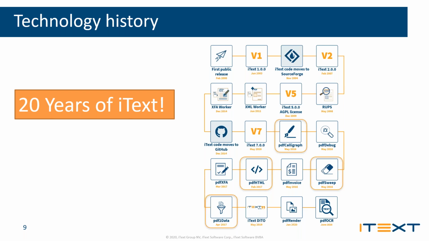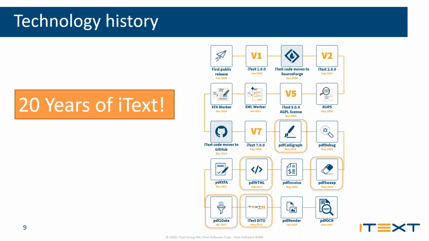Then we have pdf2Data, another add-on that you can actually use together with PDFOCR. In a nutshell, it allows you to easily extract data from PDF documents by visually defining an extraction template. And then it will output an XML file with the information that it has extracted.